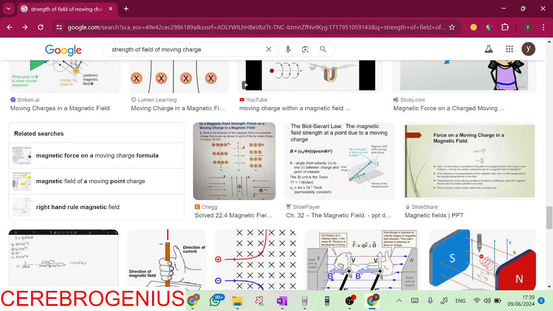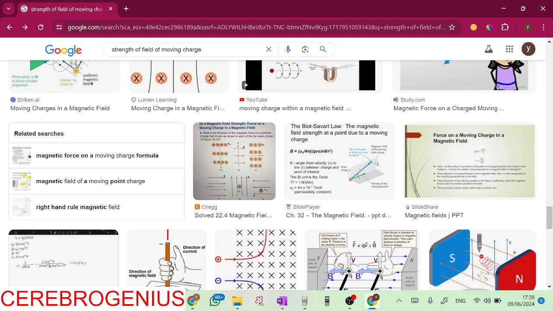I think I saw something now. Biot-Savart law, magnetic field strength at a point due to a moving charge. Exactly. So this is mu naught over 4 pi multiplied by qv sine theta over r squared.